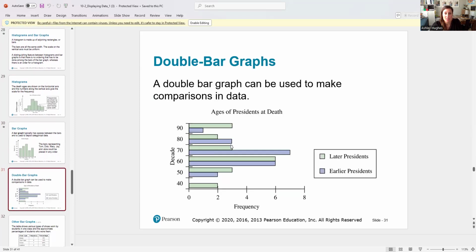That's just an example. This is a double bar graph where we see later presidents, early presidents, and again, we see the frequency. It looks like 7 presidents lived in their 70s in the earlier group, whereas only 3 lived in their 70s in the later group.